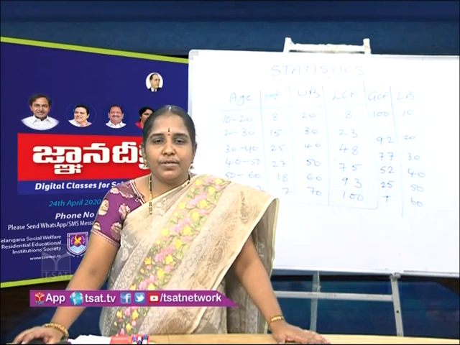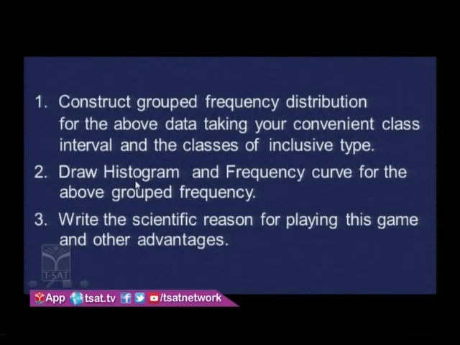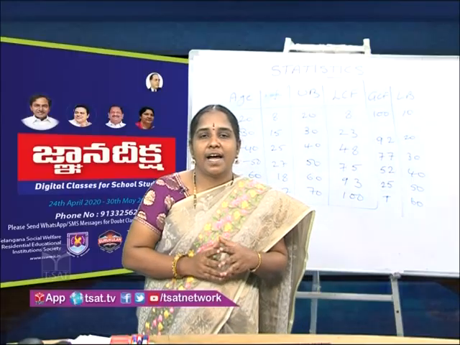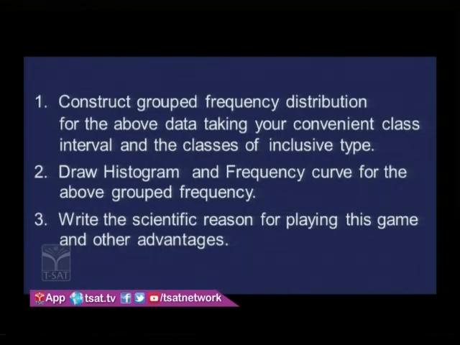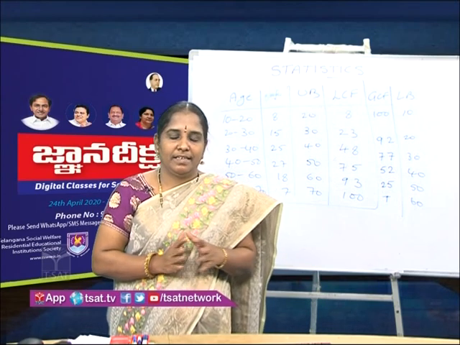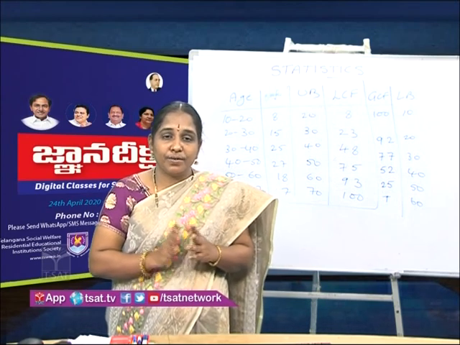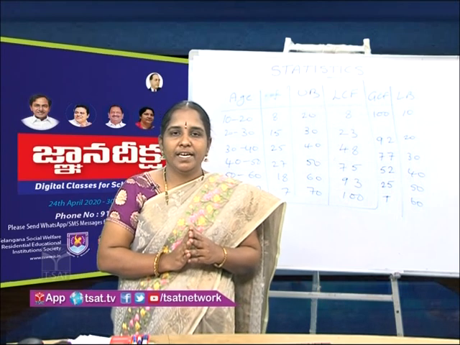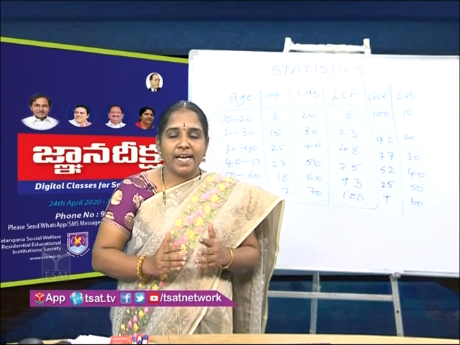And next, after you construct the grouped frequency distribution, draw a histogram and also a frequency curve for the grouped data. And finally, I request you to write the scientific reason behind playing that game. I hope you all understood the summer project and you will do it with enthusiasm, because it is a simple game.